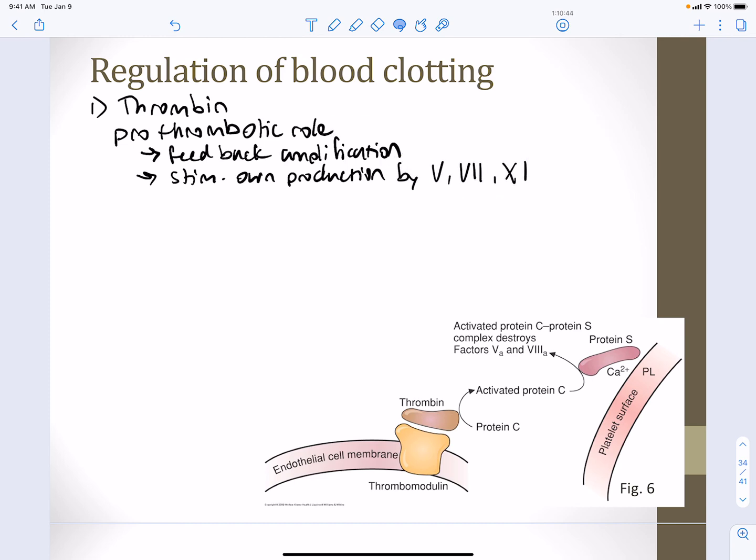It also has the ability to activate platelet aggregation, and it also releases factor 8 from von Willebrand factor.